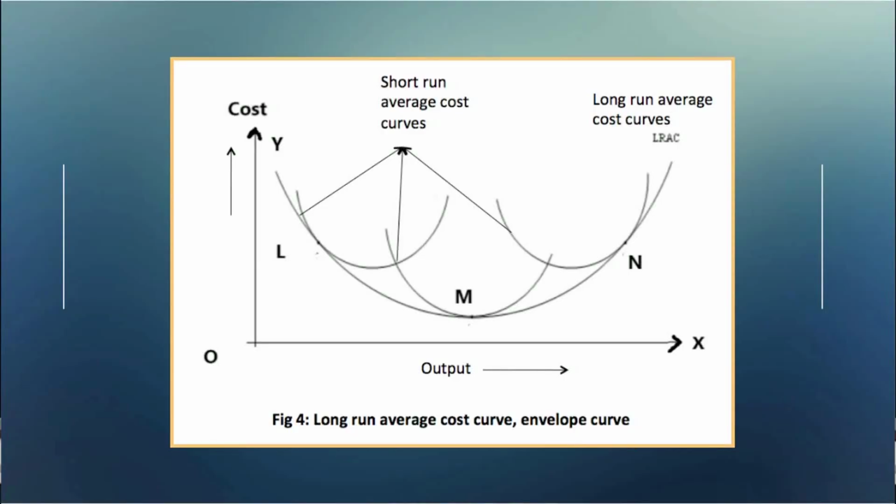The long run average cost curve, as we can see, is a U-shaped curve that touches the points L, M, N. So, supposing we assume that there are 3 possible short run plant sizes of a firm, and the minimum points of these short run average cost curves are L, M, N, then our long run average cost curve is formed by joining these points L, M, N. Thus it envelops the short run average cost curves.